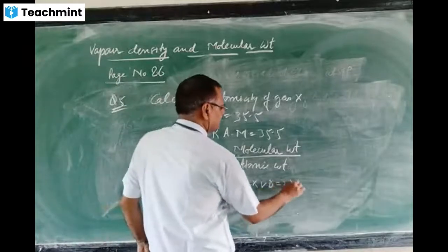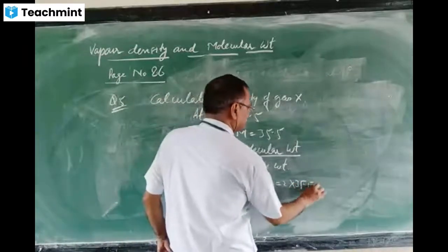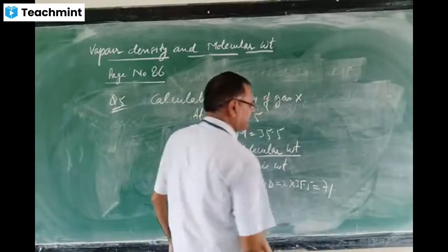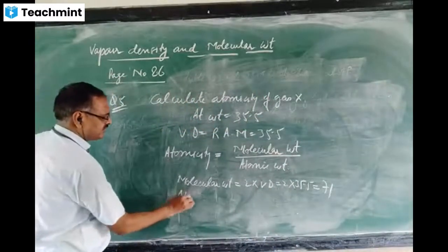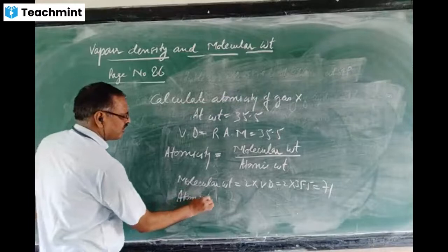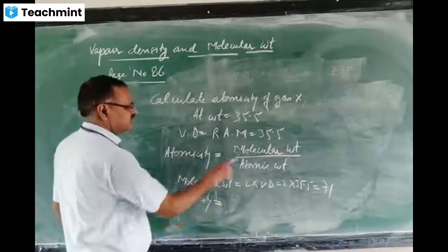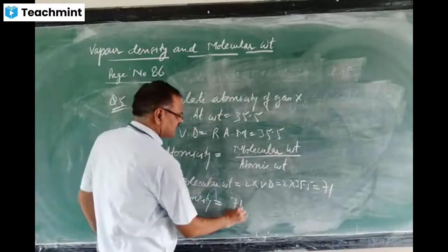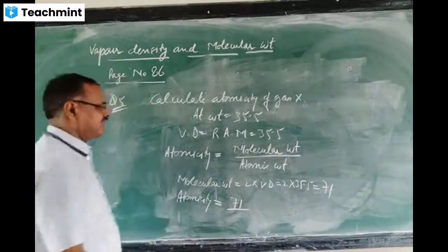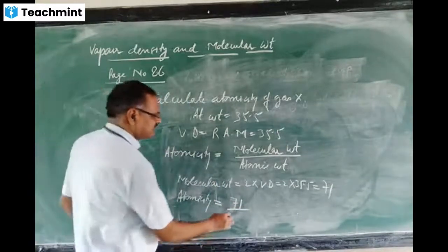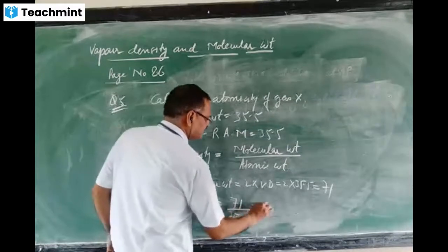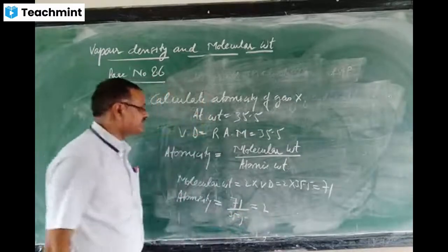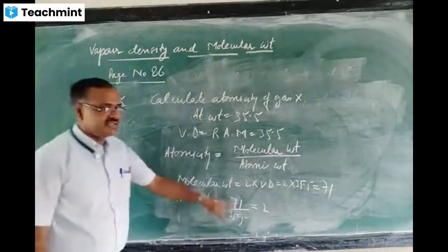Then 2 into 35.5 is 71. Now atomicity is equal to molecular mass 71 divided by atomic mass 35.5. So here you are getting 2. So atomicity of the gas X is 2.